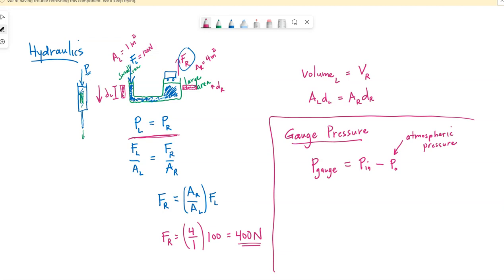Fire marshals have to come and check fire extinguishers regularly. And the fire extinguishers will also have a gauge pressure, which in turn means the pressure inside the fire extinguisher is greater than the atmospheric pressure. And that's important because if we go to use a fire extinguisher, we pull the pin, pull the nozzle or compress the nozzle, the pressure inside needs to be bigger than the pressure outside.